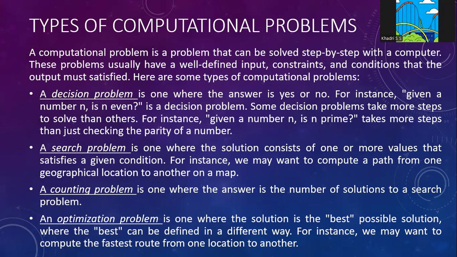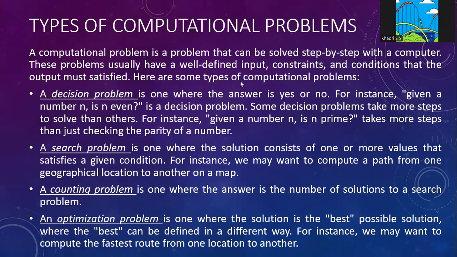Generally, these problems have well-defined inputs, some constraints, and some conditions, and these inputs, constraints, and conditions must be satisfied for the output. That is what exactly we call a computational problem.